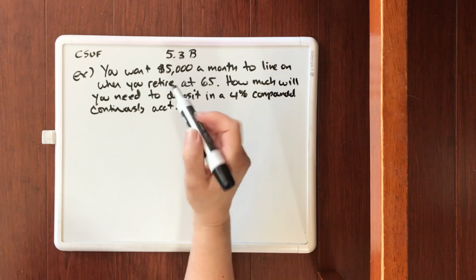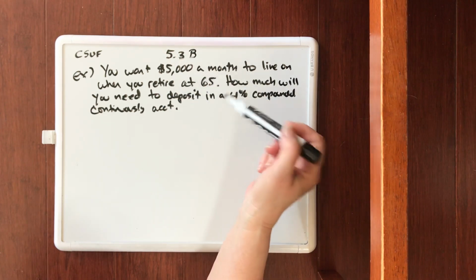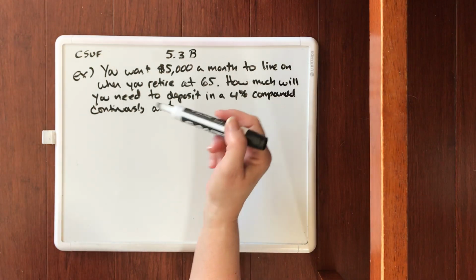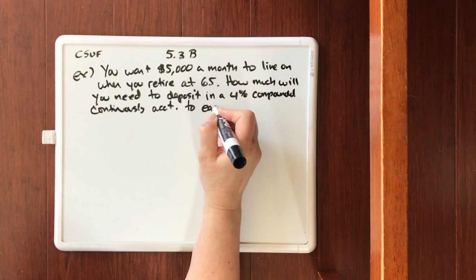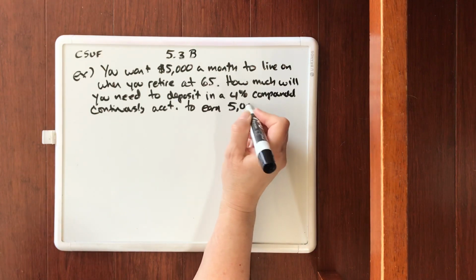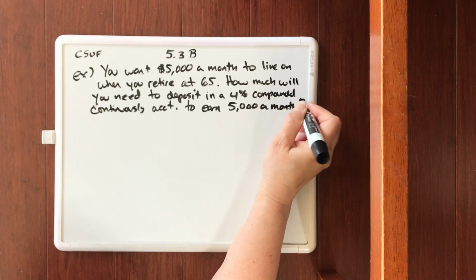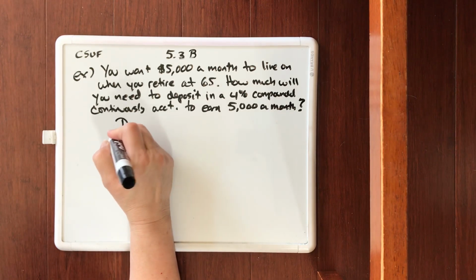All right. You want $5,000 a month to live on when you retire at 65. How much will you need to deposit in a 4% compounded continuously account to earn $5,000 a month? Okay, well, this is where we're going to take d over r.